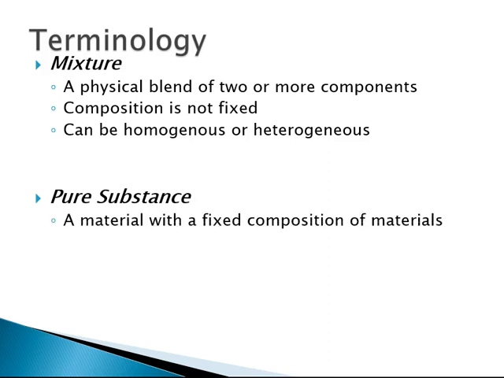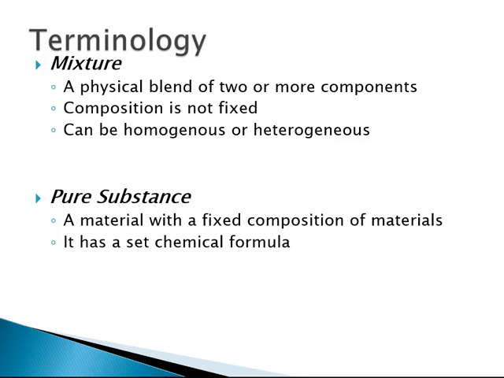A pure substance is a material with a fixed composition. So that's the opposite of a mixture. A pure substance does have a fixed composition. It has a set chemical formula, meaning that it is the same all the time. So if we said a pure substance like copper, its formula is Cu.